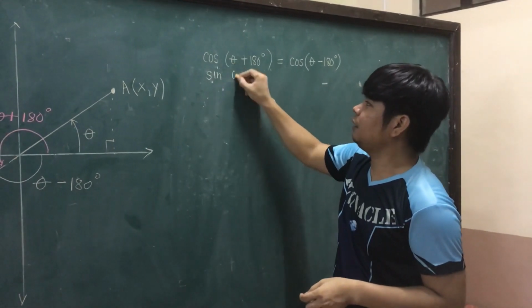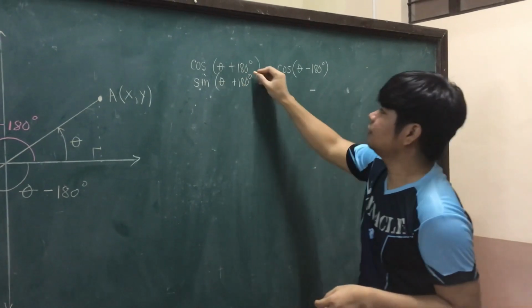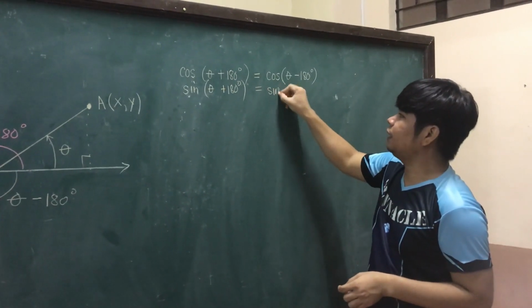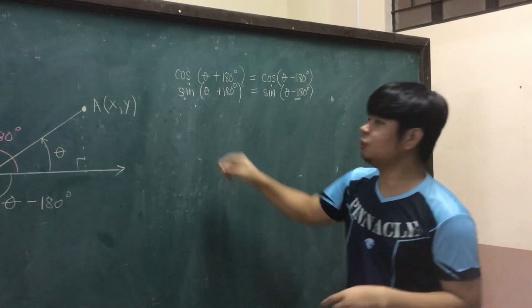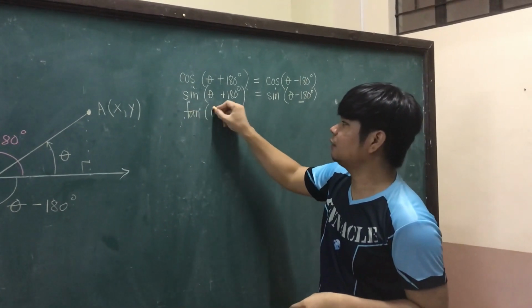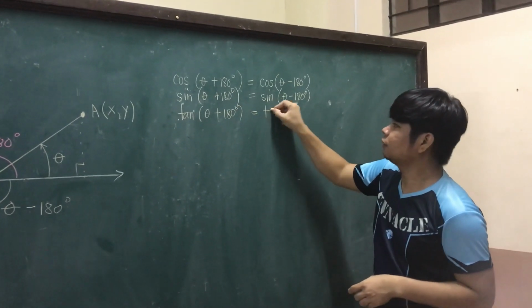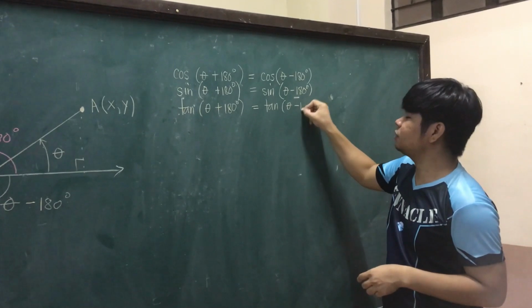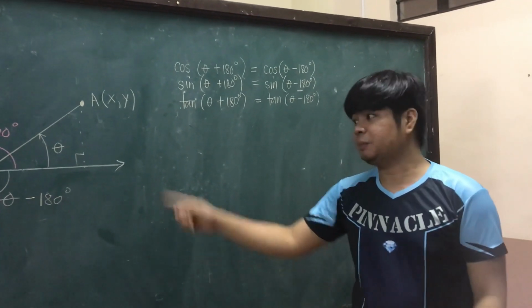Also, sine of theta plus 180 degrees is equal to sine of theta minus 180 degrees. And tangent of theta plus 180 degrees is equal to tangent of theta minus 180 degrees, simply because they are coterminal angles.